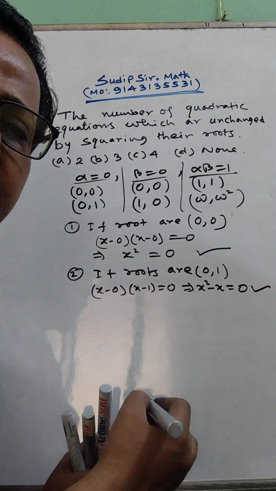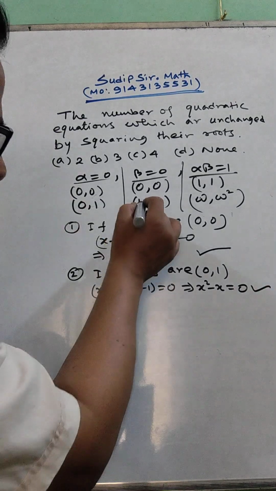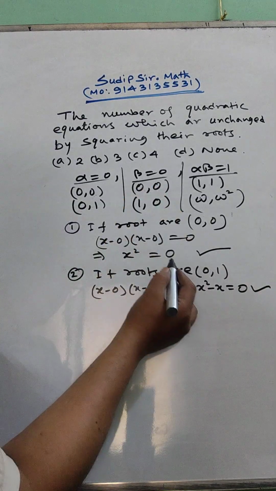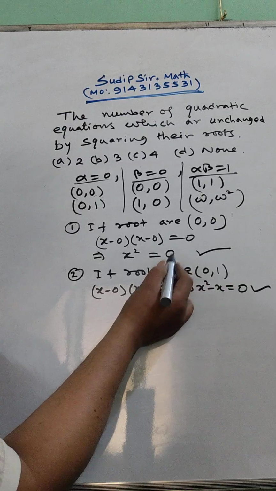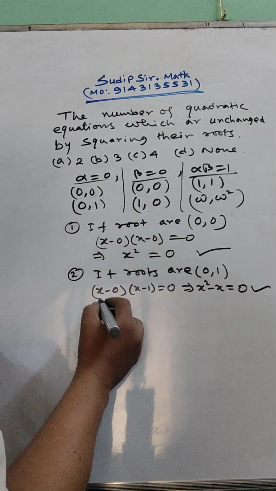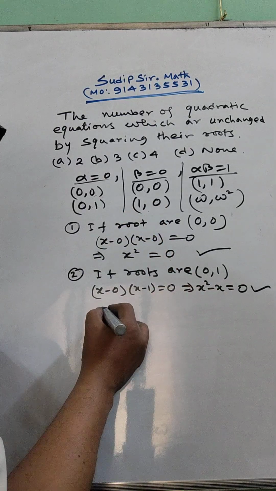This is equation number 2. For this, 0 same it will be 0 0, and for this we can check, it will be the same.